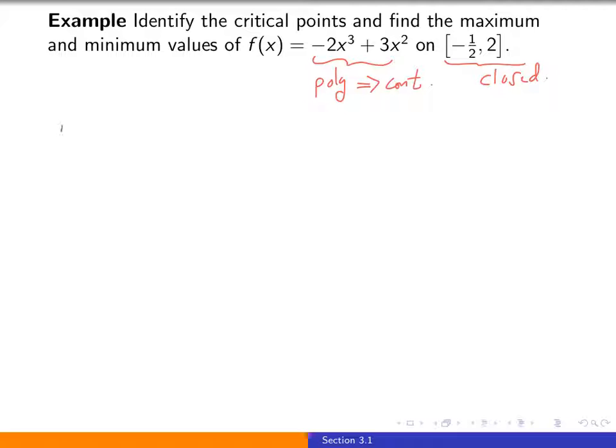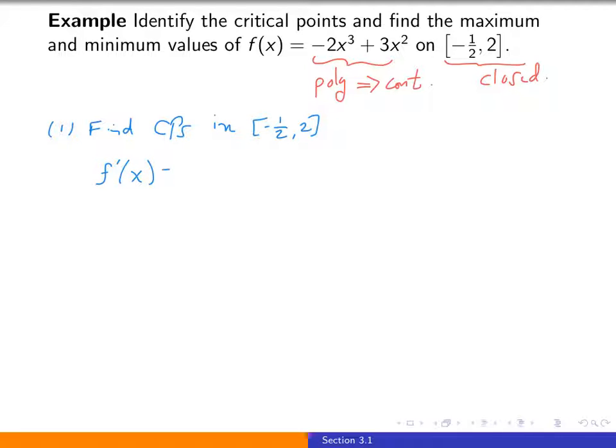So the first step is to find the critical points. And specifically, we need to find the critical points in our interval. So find all of the critical points in -1/2 to 2. In order to find the critical points, we take our function and we differentiate it.